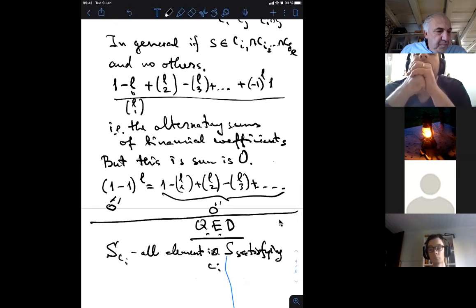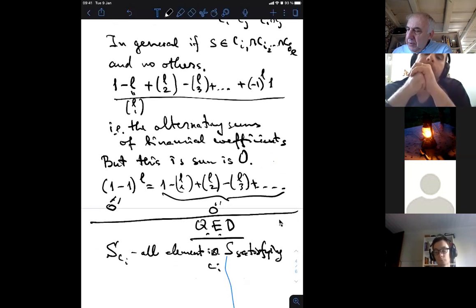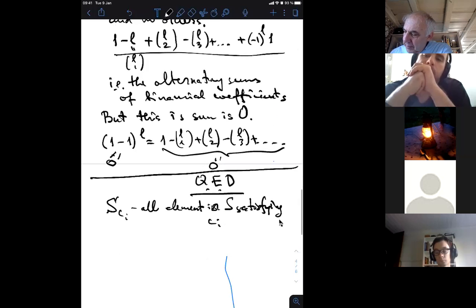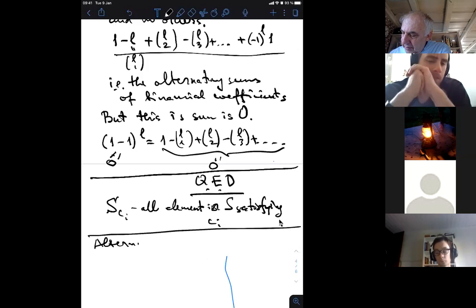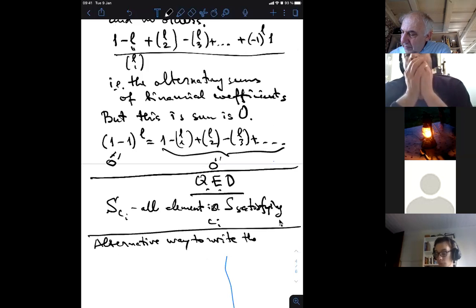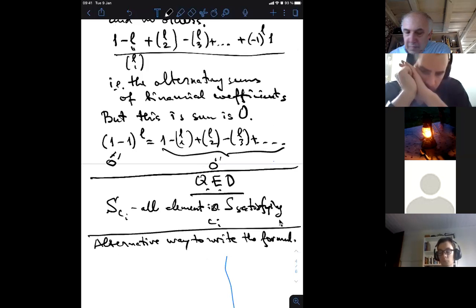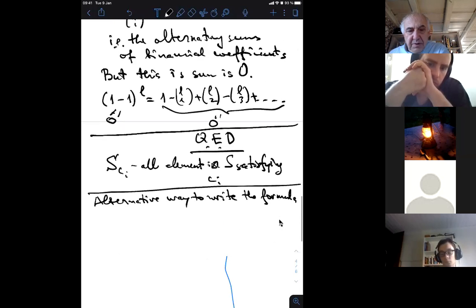There is also an alternative way to write the classical formula, as it is used in the book.